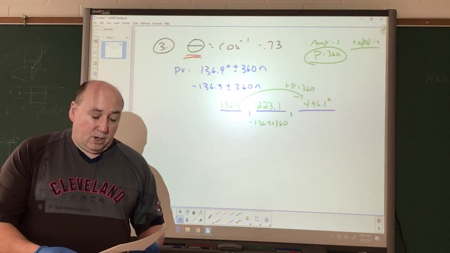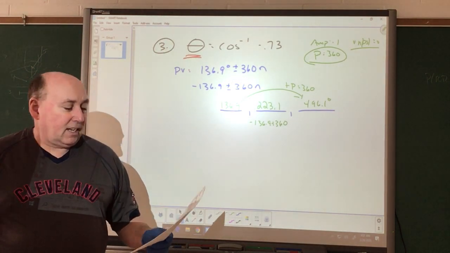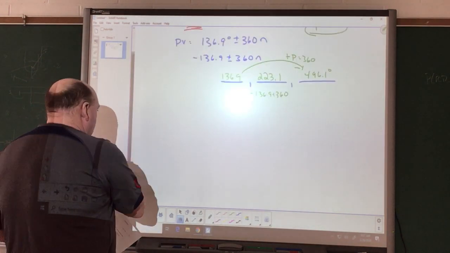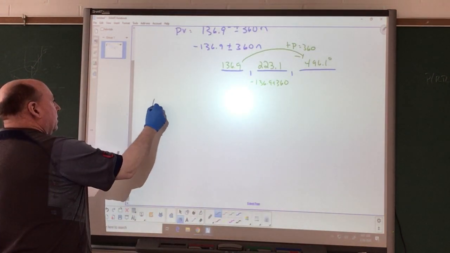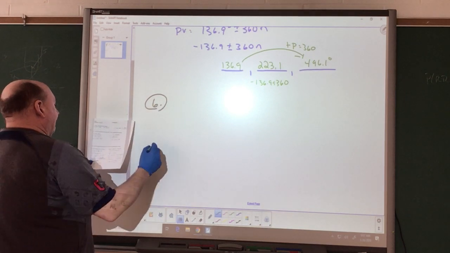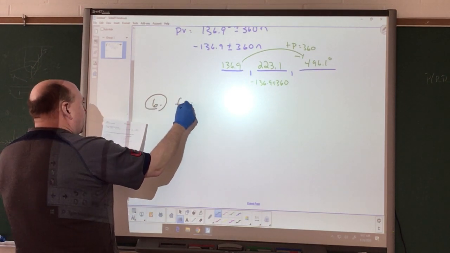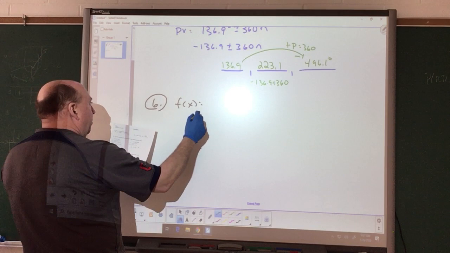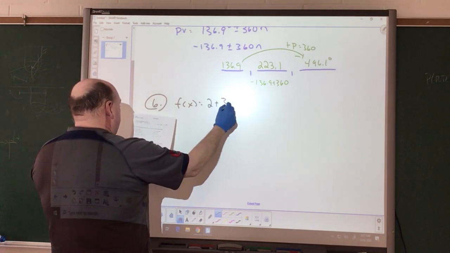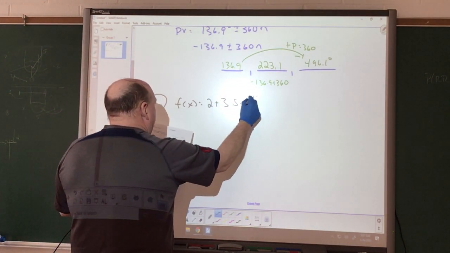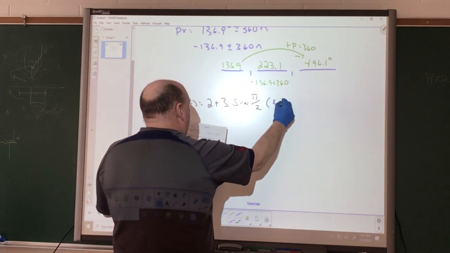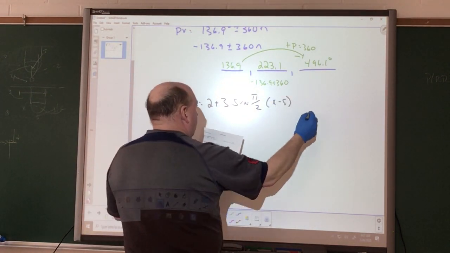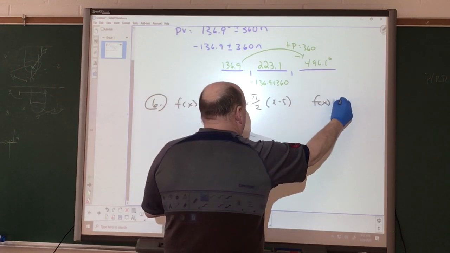Now, if we go down to the bottom, I'll do problem number 6 at the bottom. We'll do a sine one. We have f of x is equal to 2 plus 3 sine pi over 2 x minus 5, and we're saying f of x is equal to 3.5.